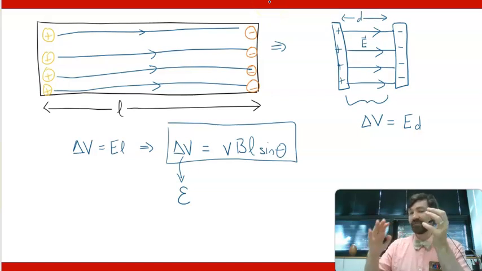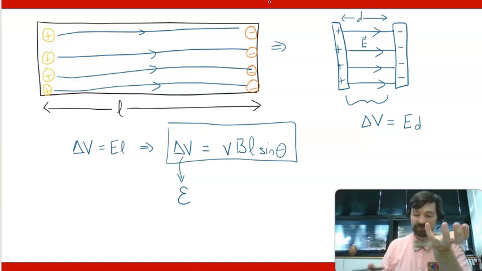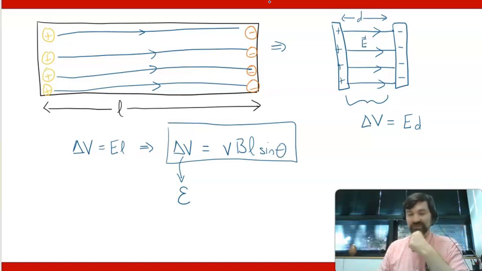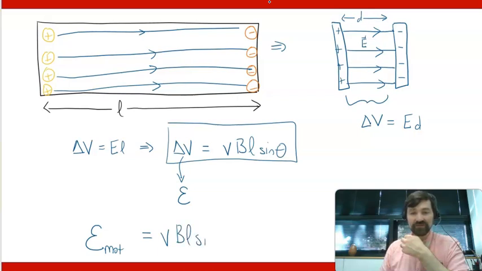They would actually be able to flow, assuming that you have a good contact, through the conducting tracks. And so you have really an electromotive force here. It's acting kind of like a battery in that sense. And so we could say that motional EMF is V times B times L times sine of theta.